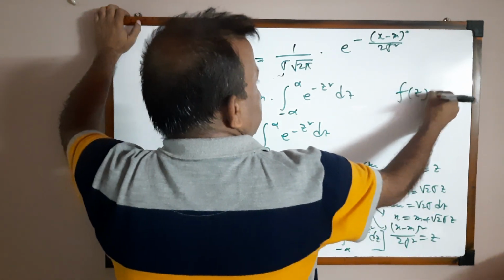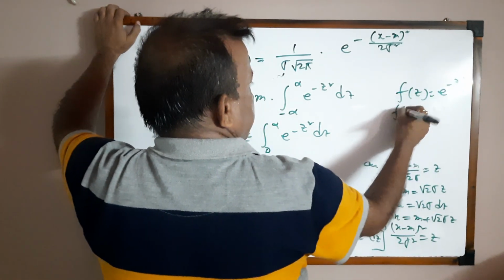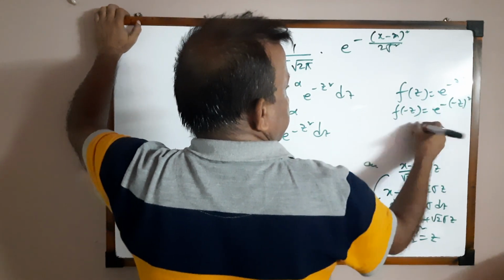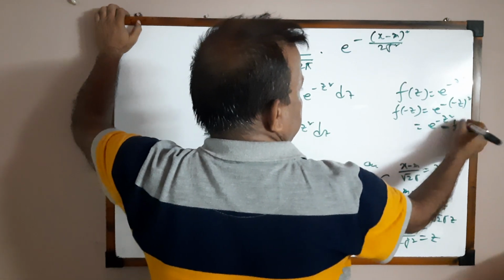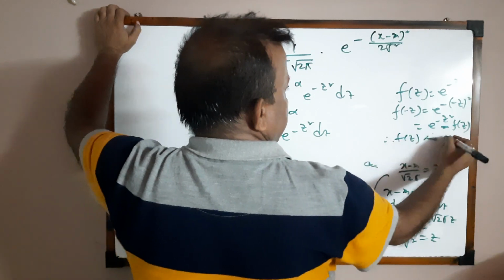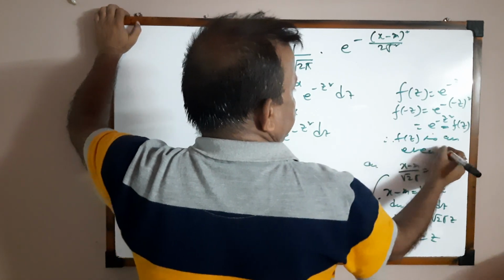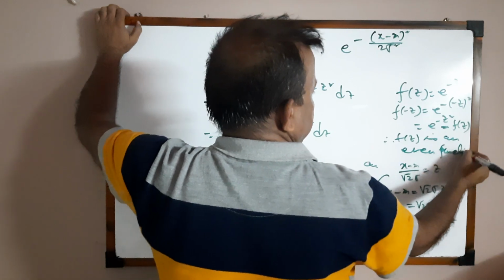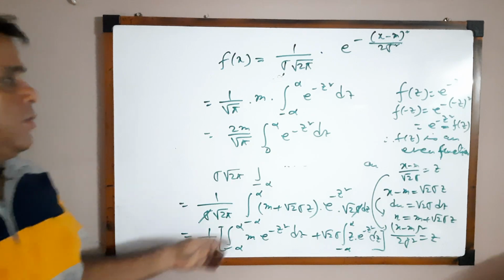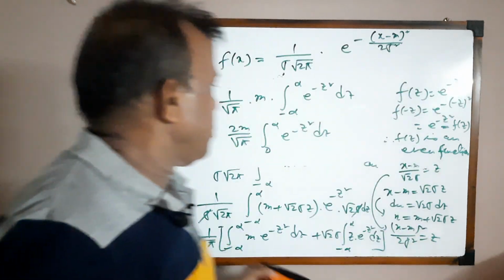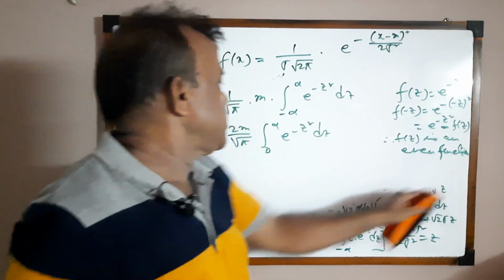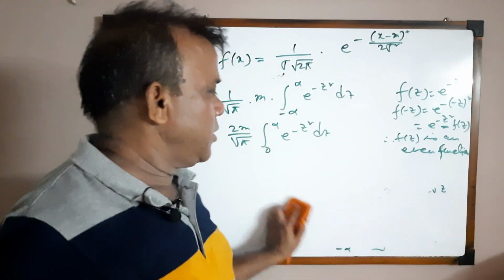As f(z) equal to e to the power minus z square, f(minus z) equal to e to the power minus of minus z whole square, that means e to the power minus z square, that means f(z). Therefore f(z) is an even function. Okay, even function. Therefore it will be 2 into 0 to infinity e to the power minus z square into dz.